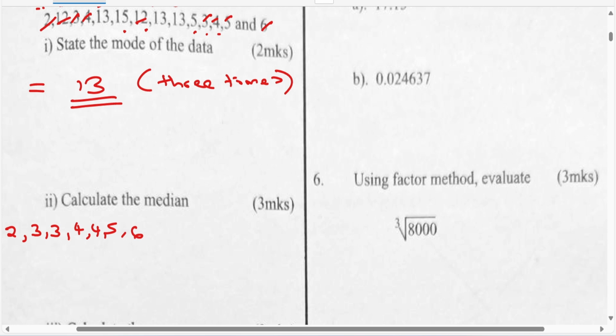So you write two 12s. You have three 13s. This and this. We have 15. Basically, how many 5s did you write? We have two 5s, by the way. So we are supposed to write two 5s. So let me just write two 5s here.